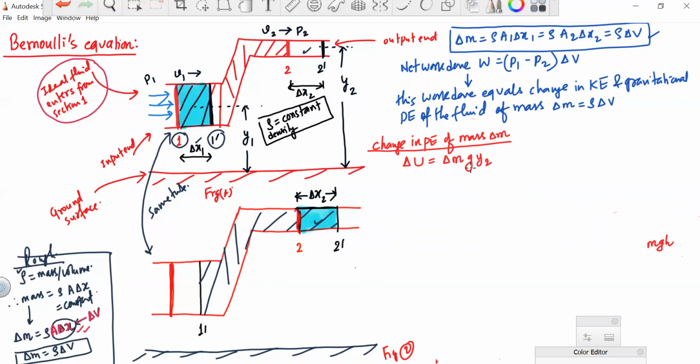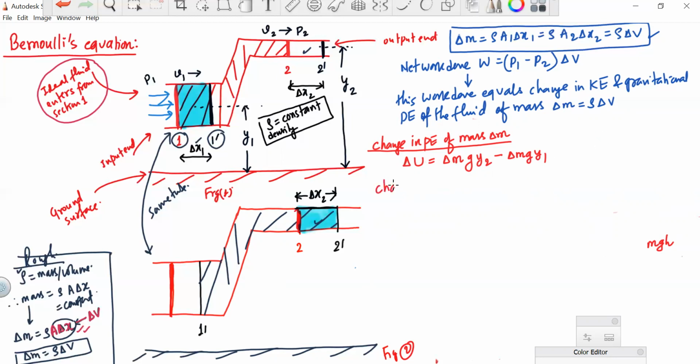Change in potential energy is given by difference in potential energy at section 2 and section 1. So delta m g y2 minus delta m g y1, because the fluid at section 1 is at height y1 from the ground surface. So this is change in potential energy.